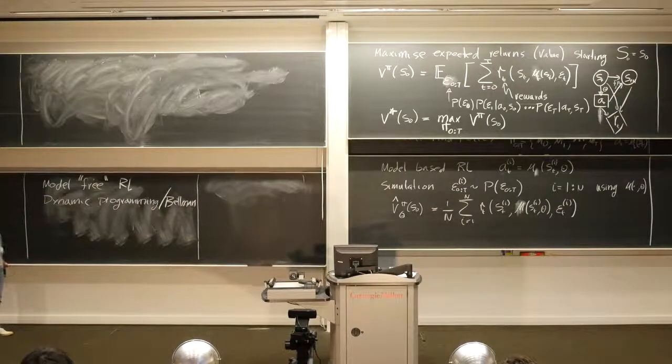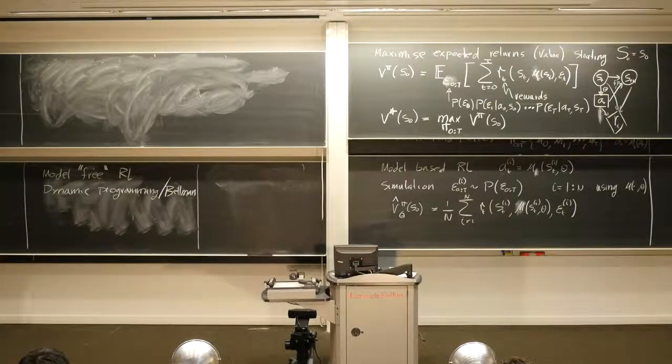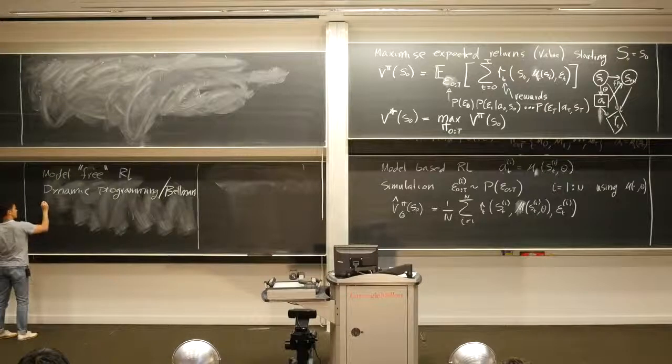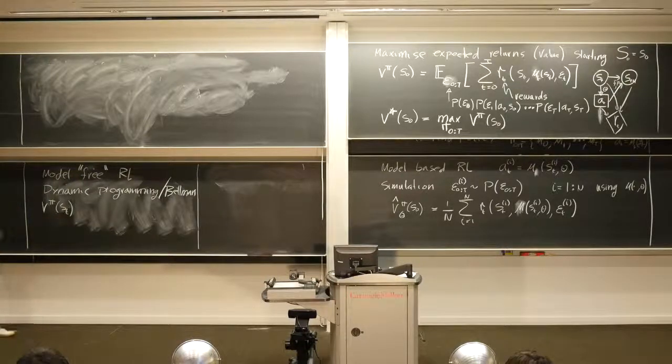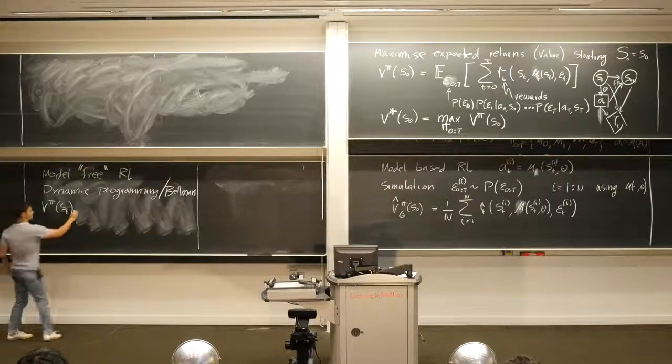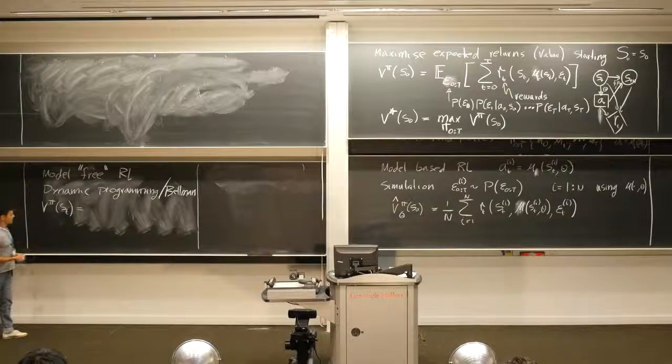Now, let's assume that we have a value function and that we are at the decision stage t. And in particular, let's assume that I have the optimal value function at time t. So start with the optimal.